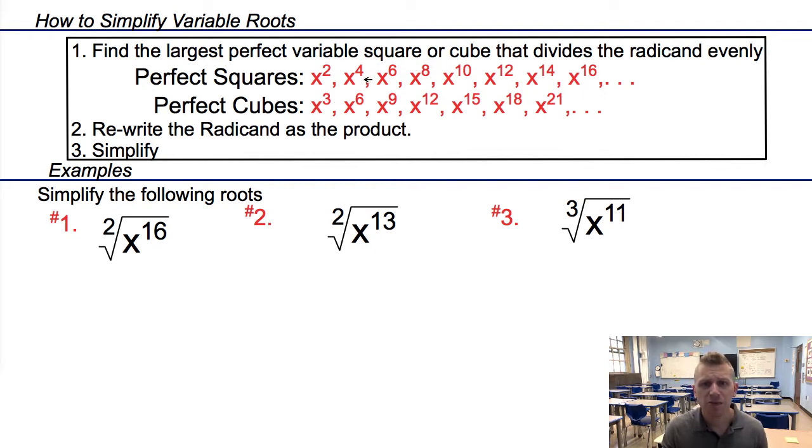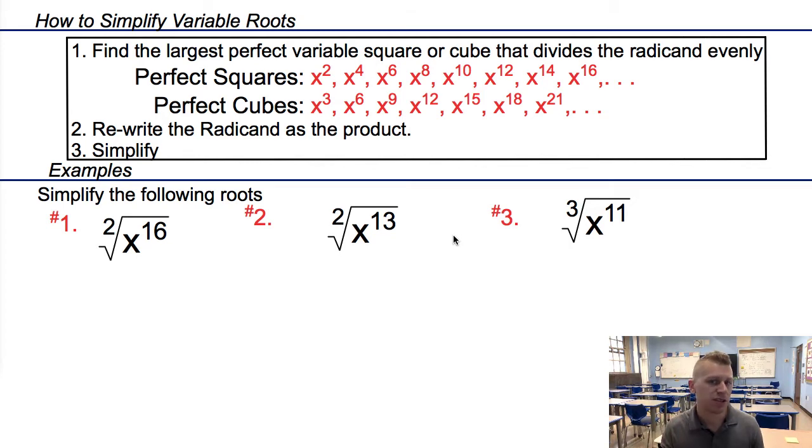The perfect variable squares and cubes are very easy. If you think about perfect squares for variables, it's just x squared, x to the 4th, x to the 6th, x to the 8th, x to the 10th, and so on. We're talking about any exponent that's a multiple of 2 because the index is a 2. If you're looking for perfect cubes, we're talking about x cubed, x to the 6th, x to the 9th, x to the 12th, x to the 15th, and so on.